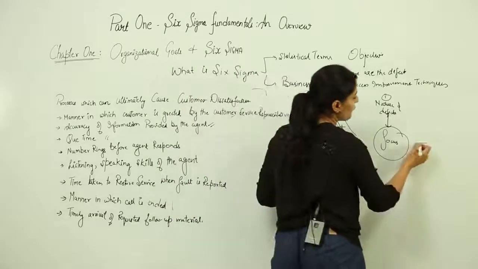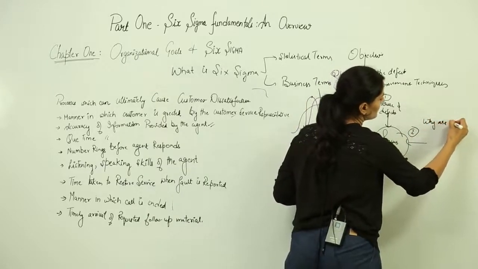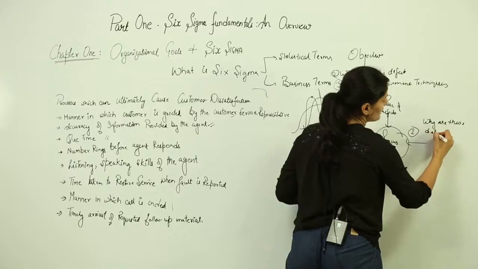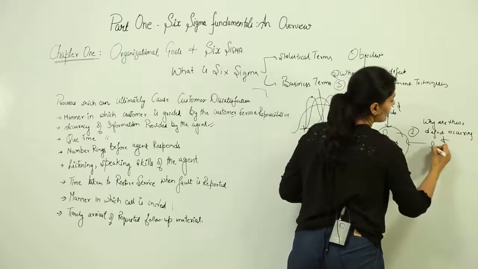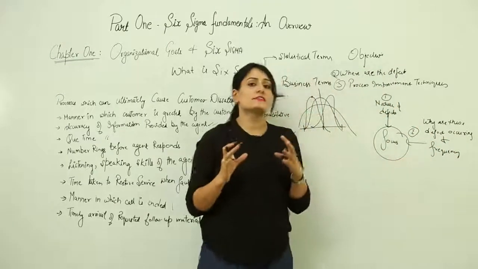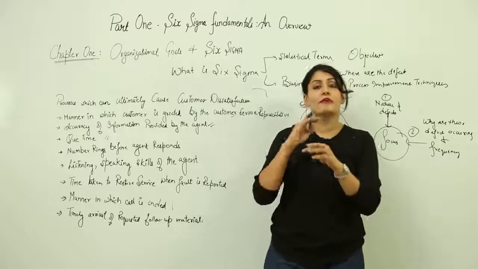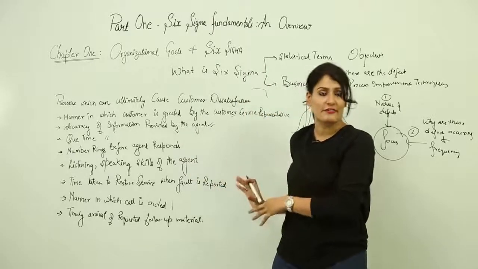And then the second focus should be on why these defects are occurring, and their frequency. You have to study the process and understand the underlying factors, the root causes of why these defects are occurring.